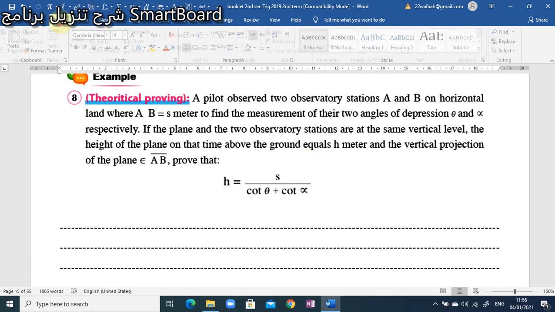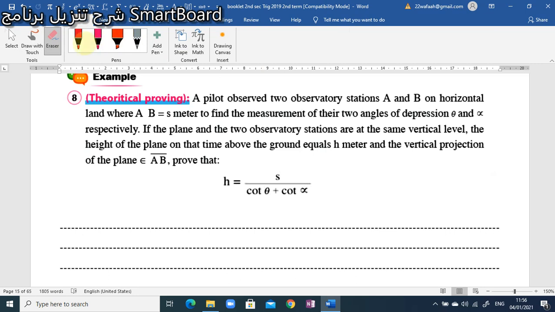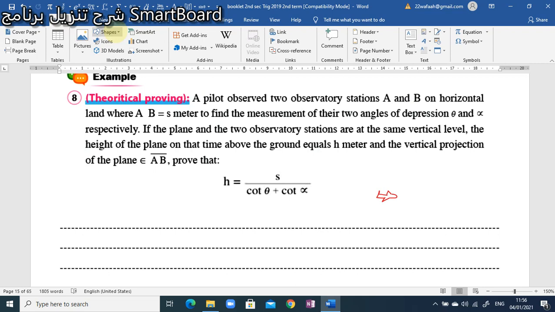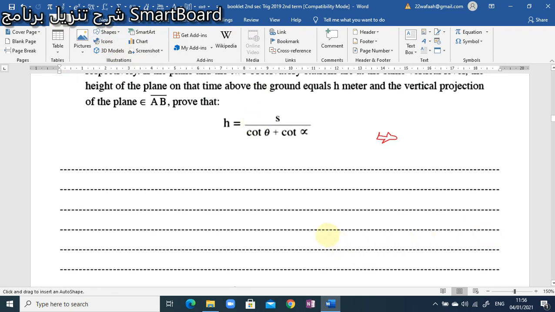So we have here a pilot and observe two observatory stations on the ground.